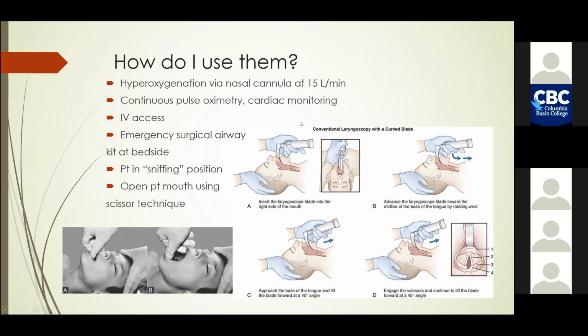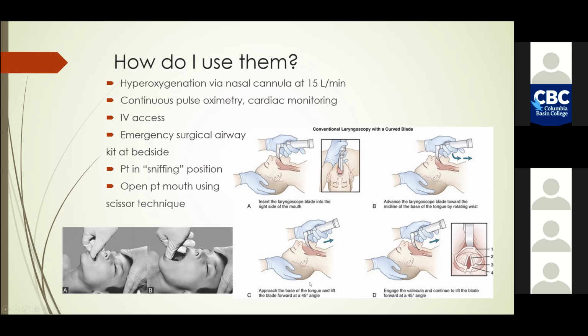Okay, so then you'll take the laryngoscope, and if you're using the Macintosh blade, you'll match the curve of the tongue and insert it into the right side of the patient's mouth, and then advance it towards the midline by rotating the tip of the blade towards the back of the tongue.